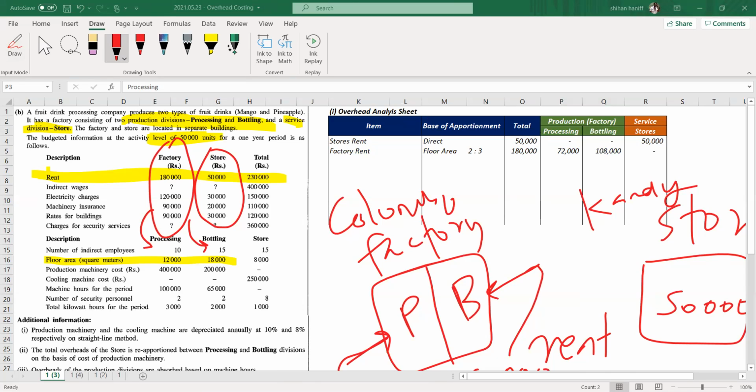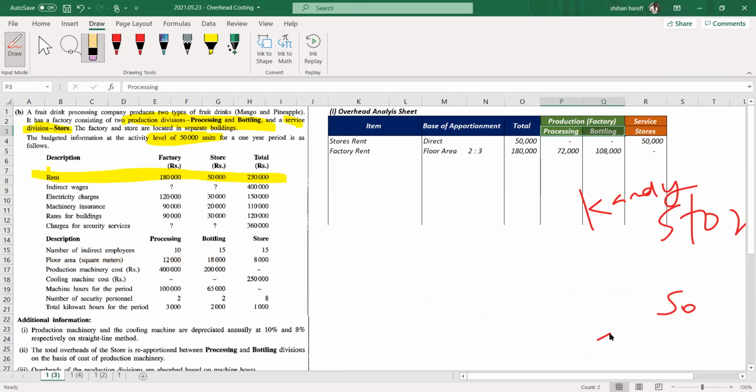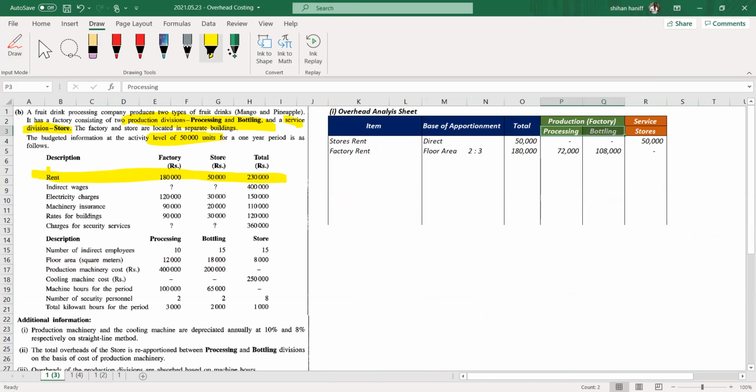Then we'll take the electricity. Electricity charges.